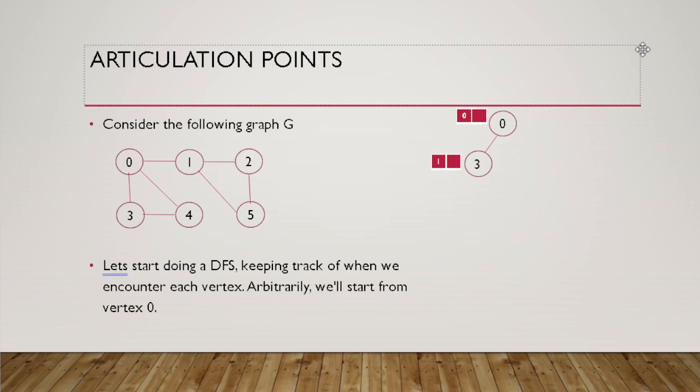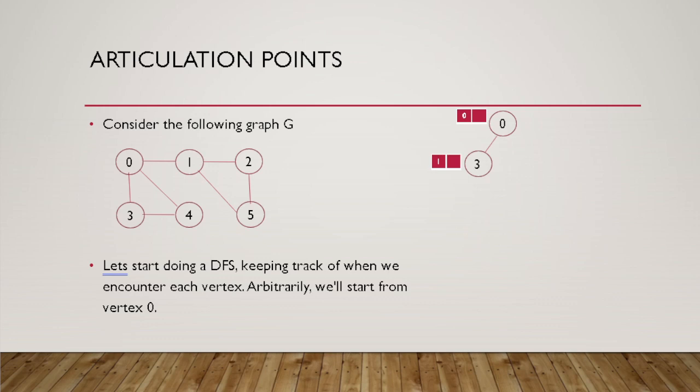Then maybe the DFS goes to vertex 3, which gets the DFS number 1 because it's the next vertex encountered. Now you may be thinking, why am I giving these vertices new numbers? They've already got numbers. Well, the numbers on the vertices in the graph are meaningless. They're just arbitrary numbers, so they don't help us from an algorithm's perspective.